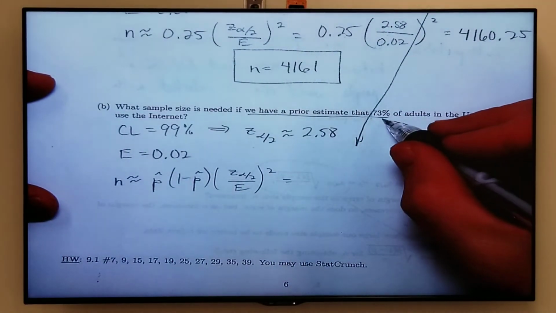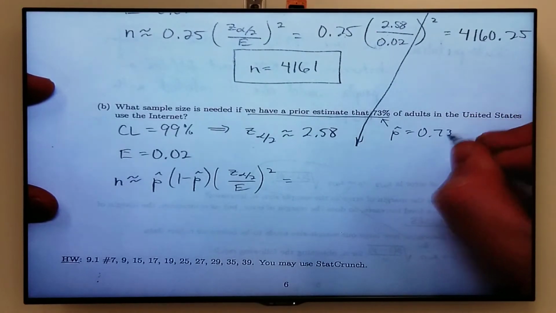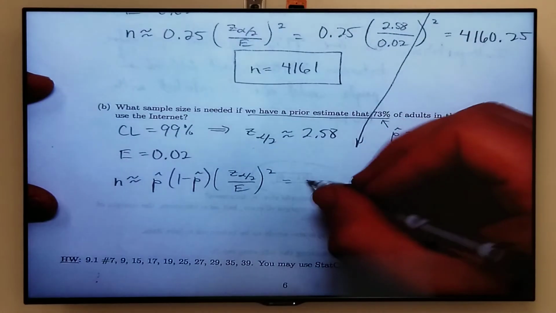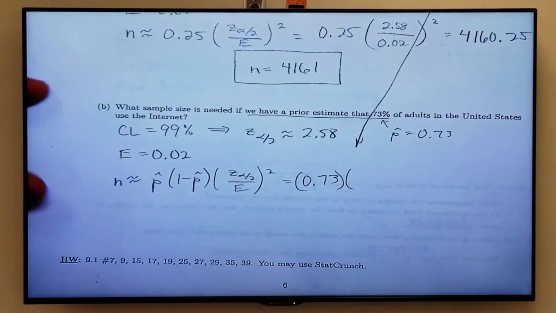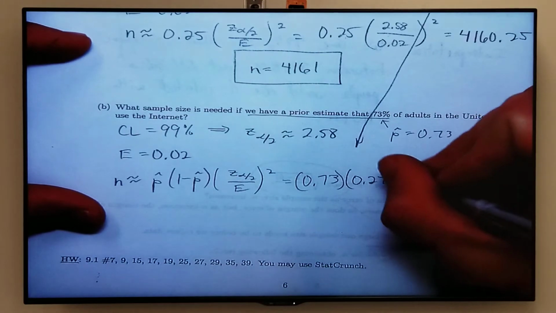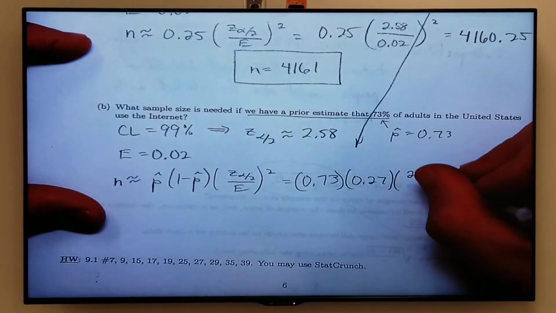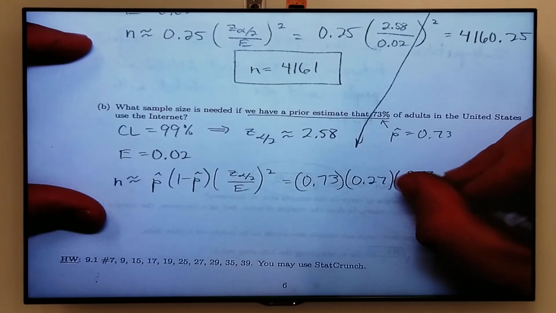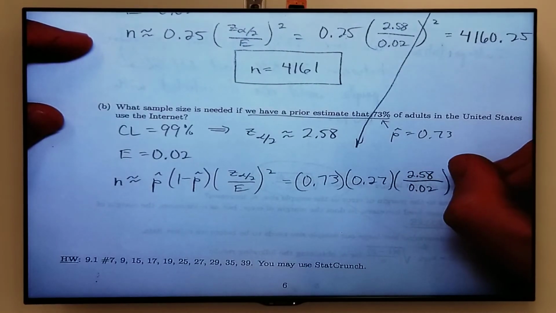P hat is 73%, so this is going to be 0.73 times 1 minus 0.73, that's 0.27, times Z sub alpha over 2, 2.58, divided by E, 0.02, squared.